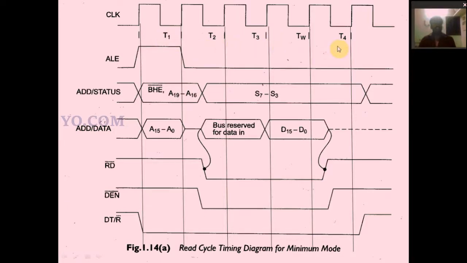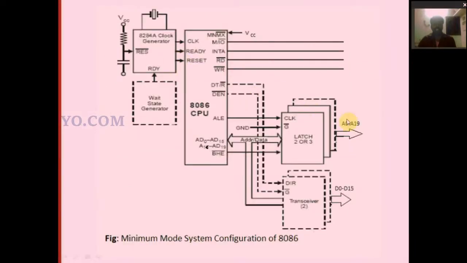In the first T state we are performing almost all the operations. The first operation is that address latch enable is enabled here. ALE is enabled at the T1 clock cycle. After enabling ALE, the latches provide the address bus.